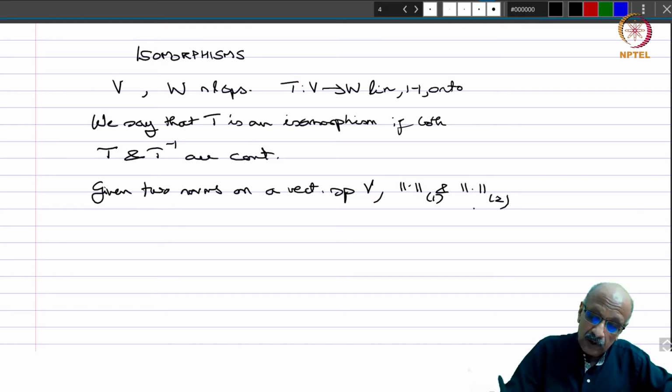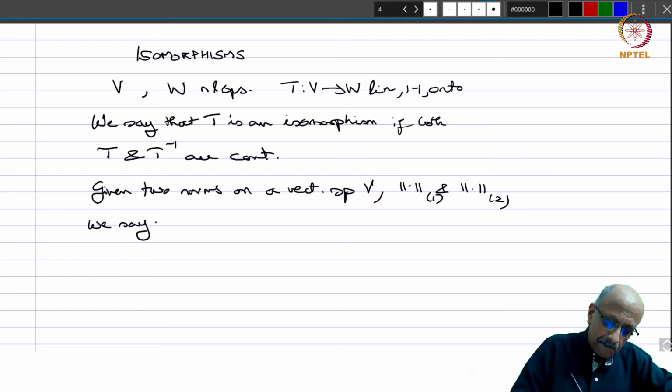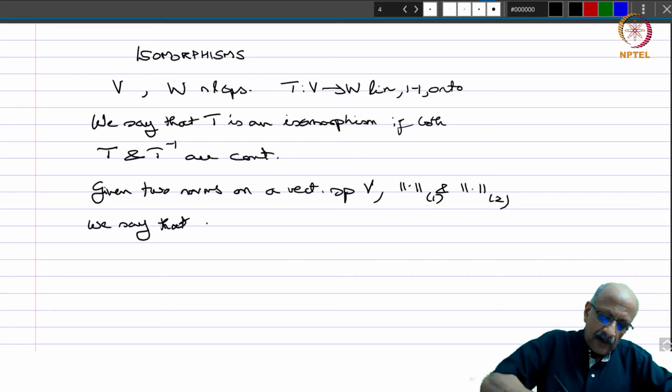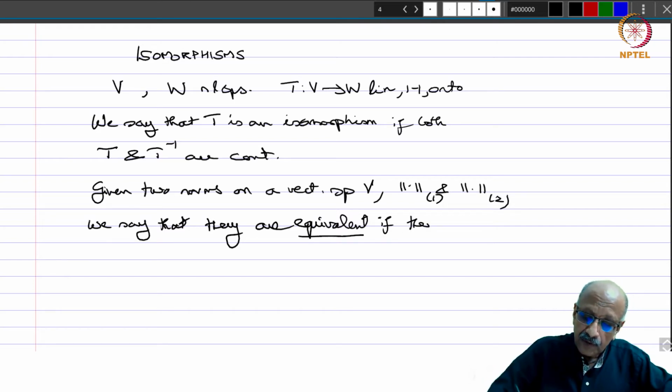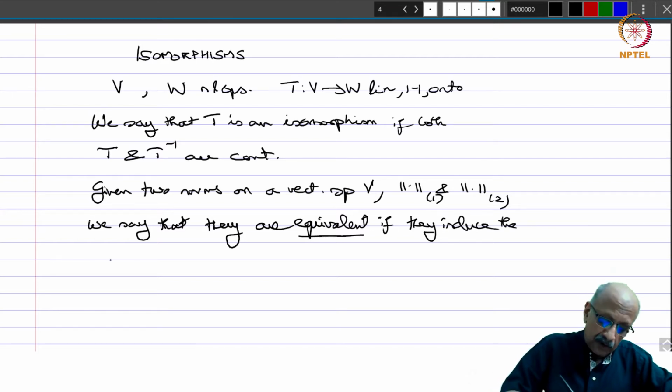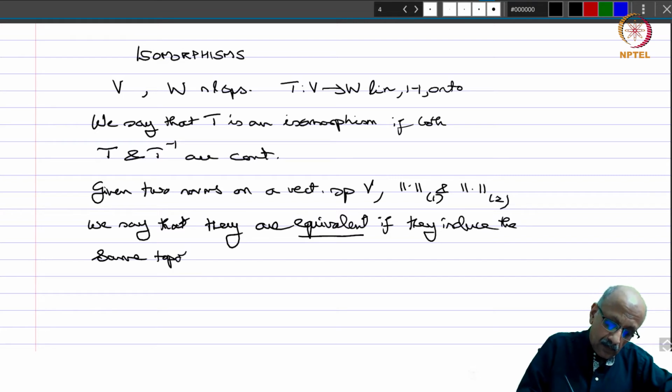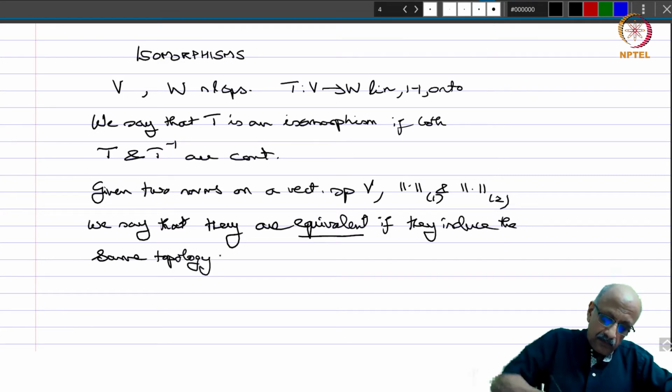Okay, so norm 1 and norm 2, we say that they are equivalent if they induce the same topology on V.